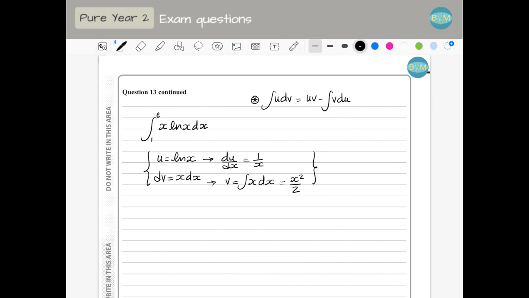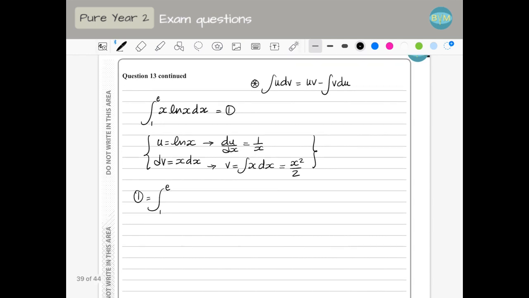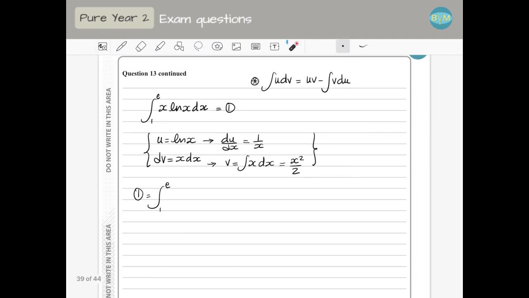So this integral here is going to be equal to the integral between 1 and e. uv, so x squared divided by 2 ln x, this between 1 and e, minus the integral of v du.